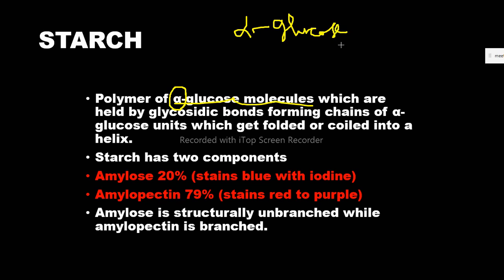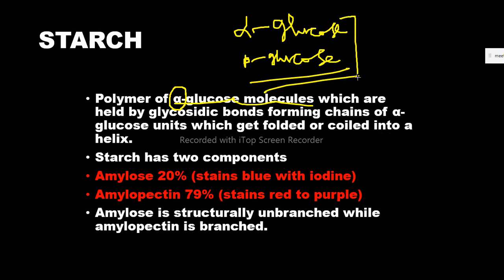So before we go far, you need to understand the basic structure of glucose. And after understanding that, you understand alpha and beta glucose molecules. With alpha glucose, the difference is on carbon number 1. They are all the same, but the difference is on carbon number 1.